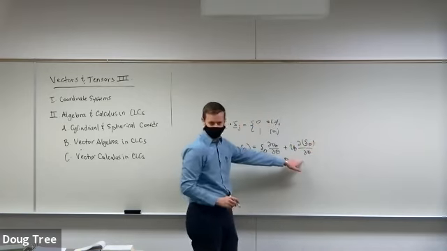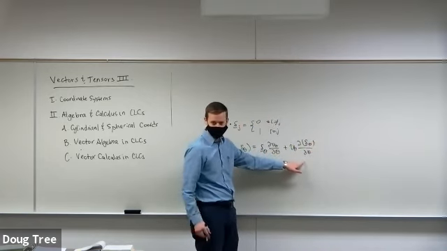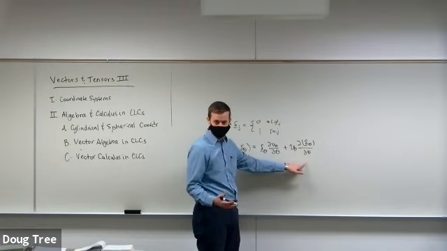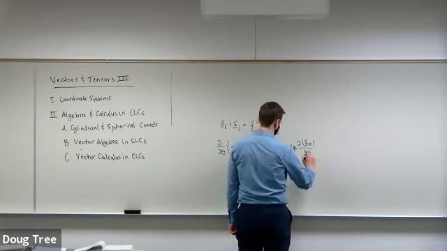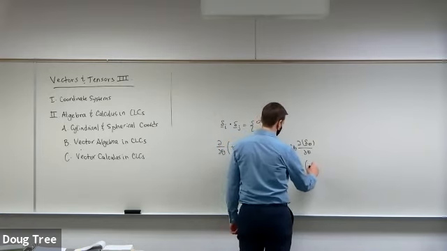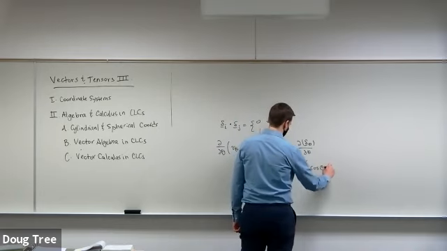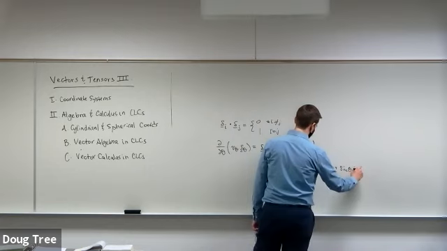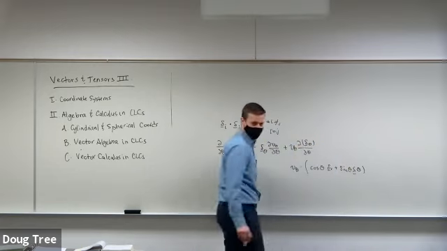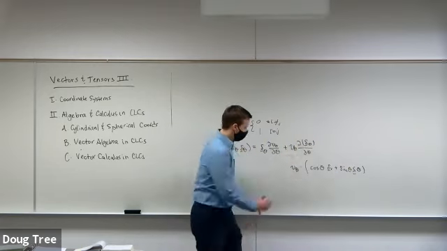And then that guy might give me something that has other terms in it, right? So I have to be careful about that. And so that might end up being like cosine theta dr plus sine theta delta theta or something like that, right? And now that comes from that derivative.